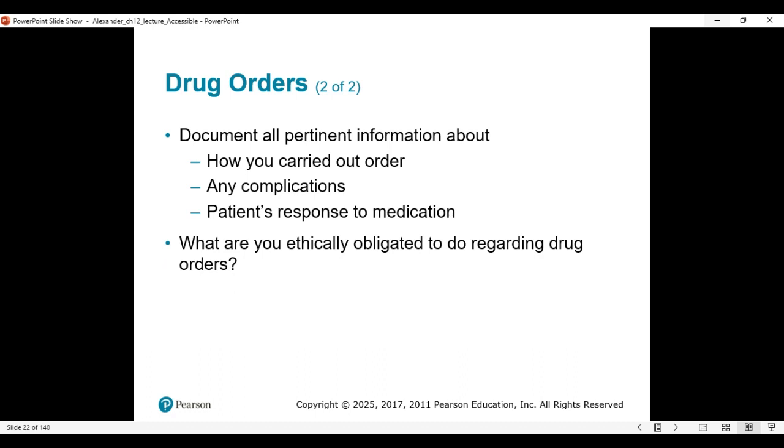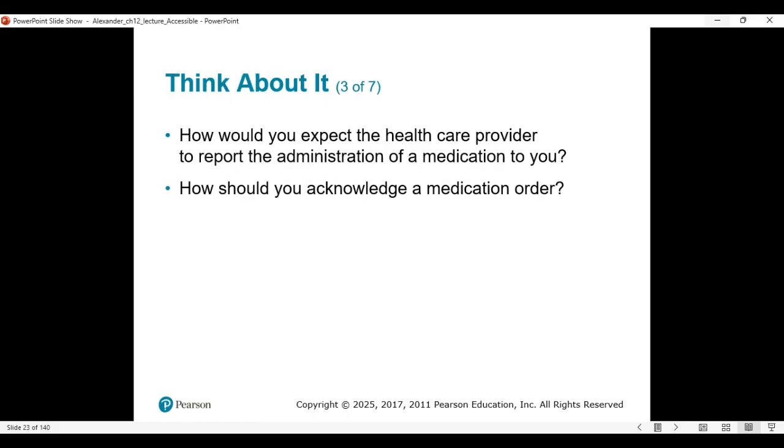And in the same way, if you make a medication error, we need to report this. We don't hide it in the fear that we're going to get in trouble, because if we don't tell the ongoing care, like the nurse or the doctor, they may give a drug and not know it, and then it could interact with that. So ethically, we have to report that.